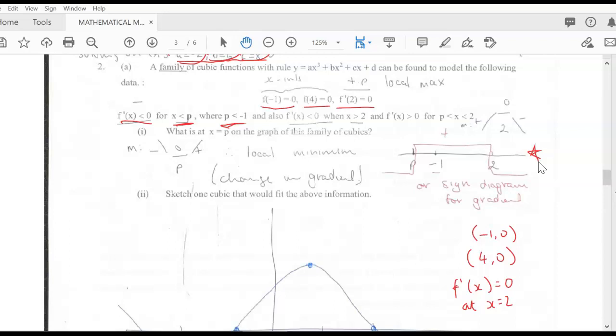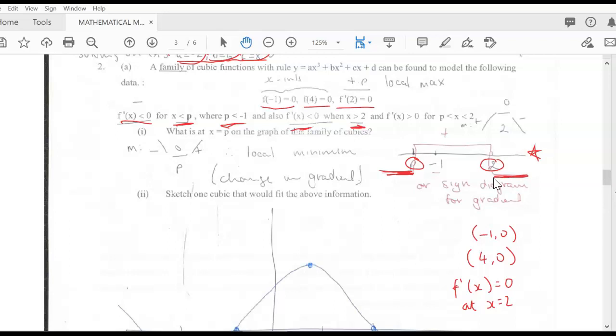Now your gradient is also less than 0 when x is greater than 2. So you can see on the sign diagram we're below when x is less than p and below when x is greater than 2.